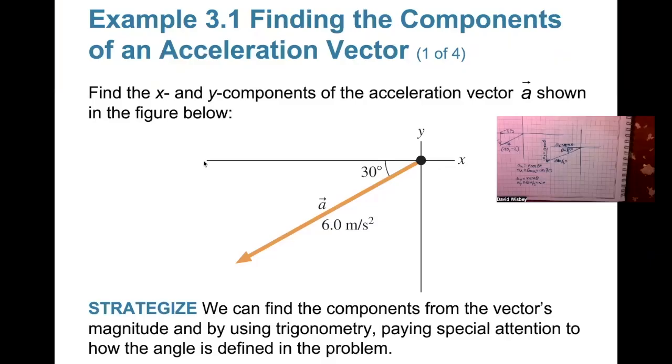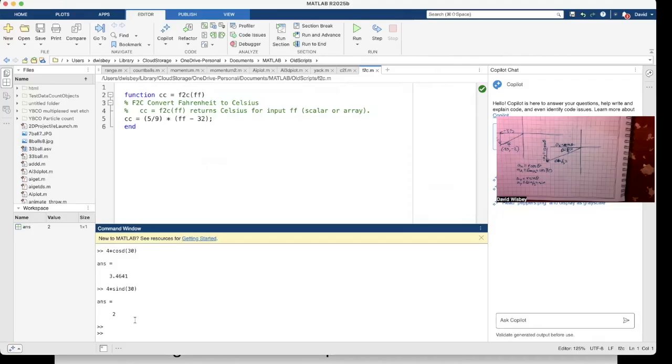This isn't too bad. All right, where's MATLAB? Similar answer. I'll just grab this one, and now my magnitude is 6 instead of 4. That was my Y component here, so I'll write that down: AY equals 3 meters per second squared.